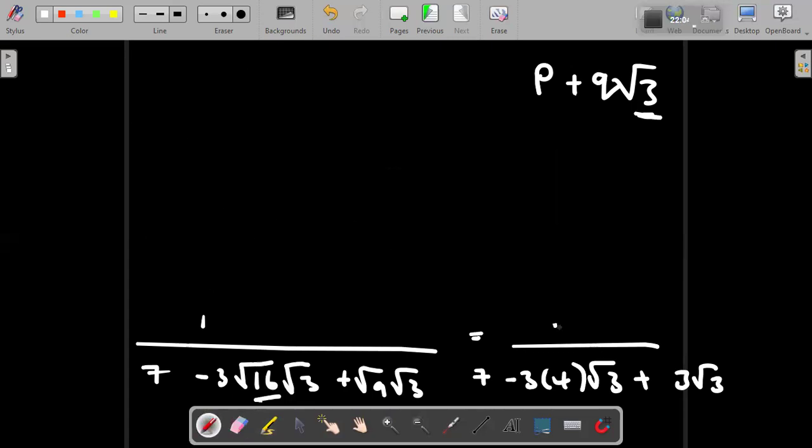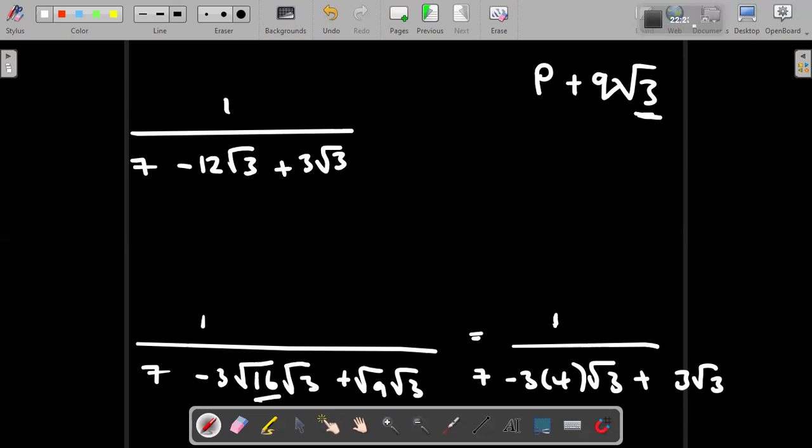So what I get is 1 over 7, then negative 3 multiplied by 4, I get negative 12 root of 3, then plus 3 root of 3. Then I can just add what's there. So this gives me 1 over 7 minus 9 root of 3.